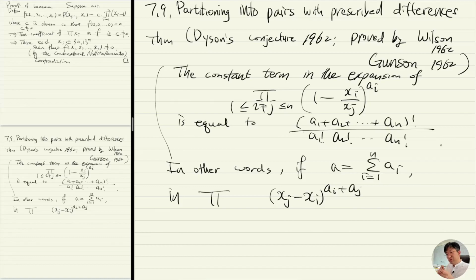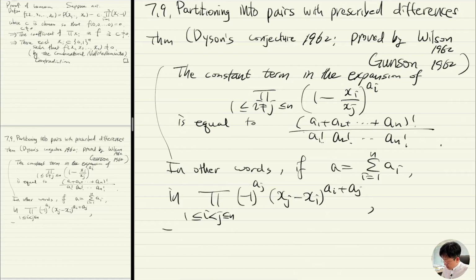Because we apply this product for all i, j. And then when you apply aj, we are multiplying by minus 1, so minus 1 to the aj.